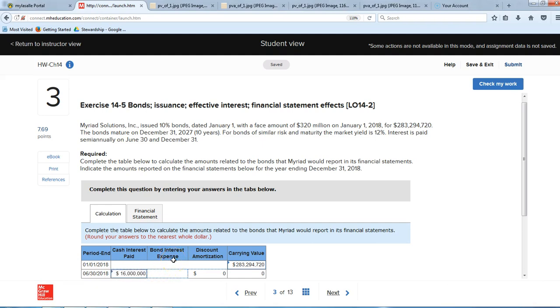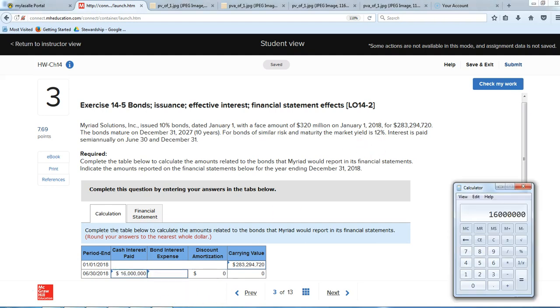Interest expense is based on carrying value, or outstanding balance, and is also based on the effective interest rate. In the market, the effective interest rate is 12% annually. But here, be careful, we are calculating six months of interest.